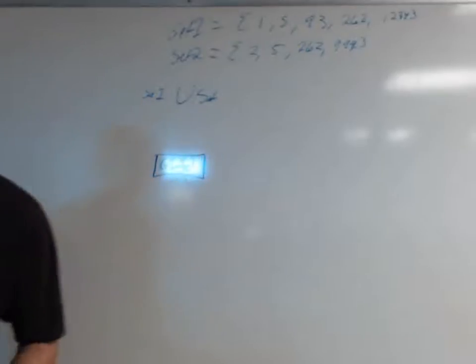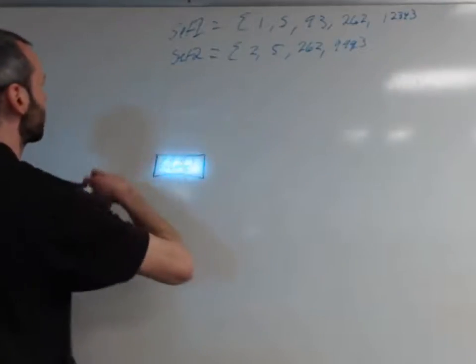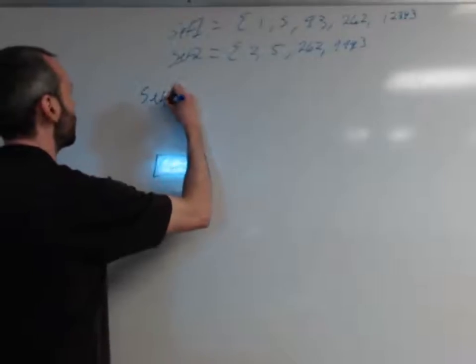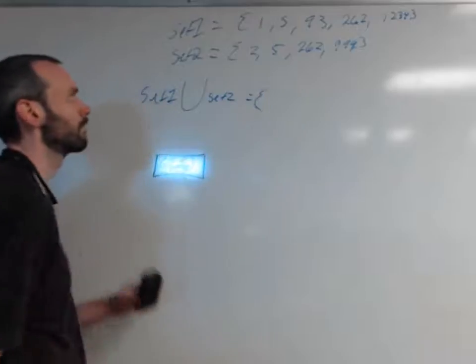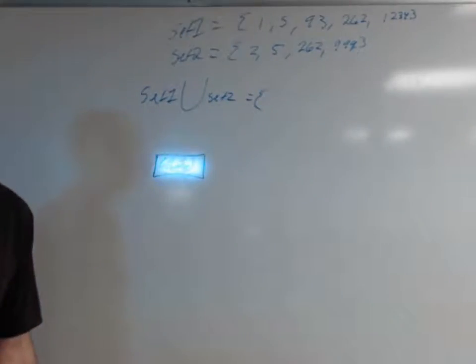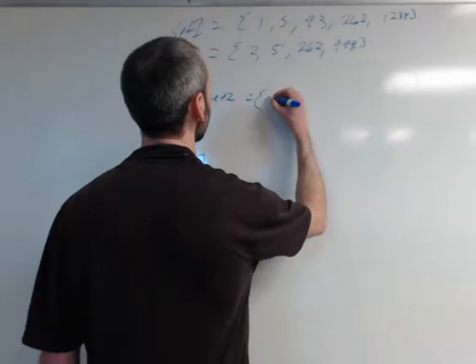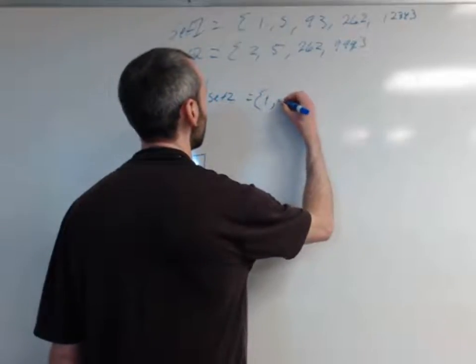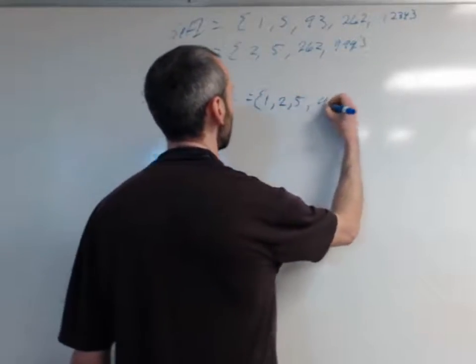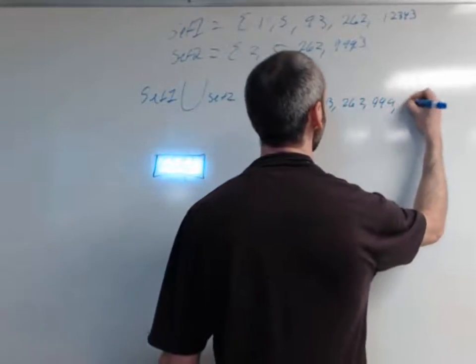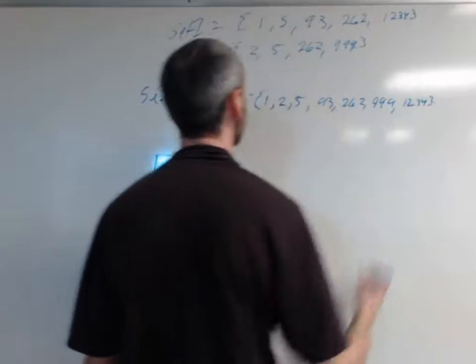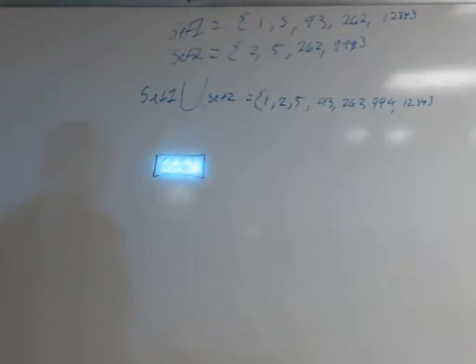Let's try that again. Set 1 union set 2 equals 1, 2, 5, 93, 262, 999, 1, 2, 3, 4. Okay. Ta-da!